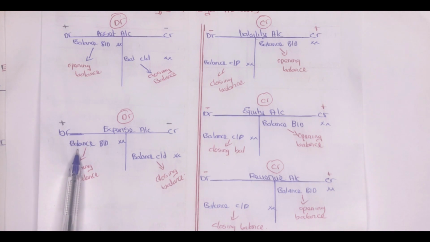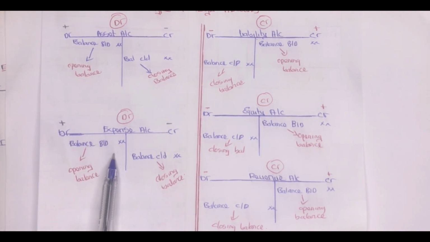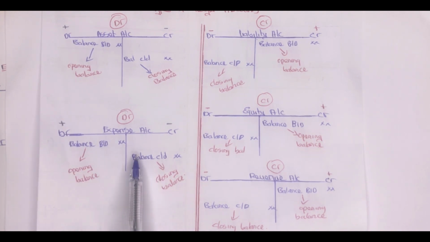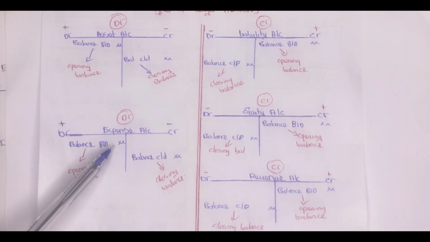This balance is the balance for the previous year that is brought forward as the opening balance for this current year. And the closing balance here is the closing balance for this current year. So in the next year, this balance is going to be an opening balance. That is what you need to understand. So remember that the asset and the expense account have a debit balance.